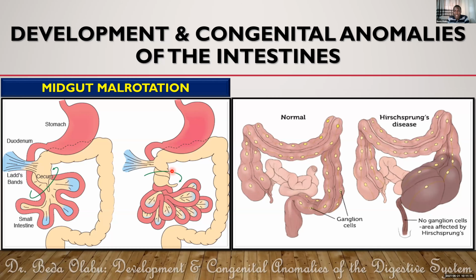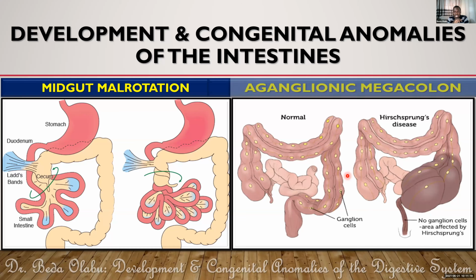The image shown on the right side shows a condition we are calling congenital aganglionic megacolon. Congenital aganglionic megacolon is a condition that develops as a result of inadequate neural crest migration to the intestines.